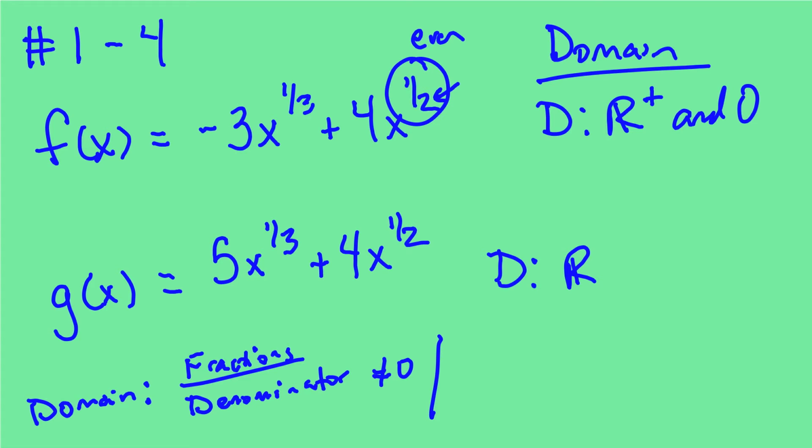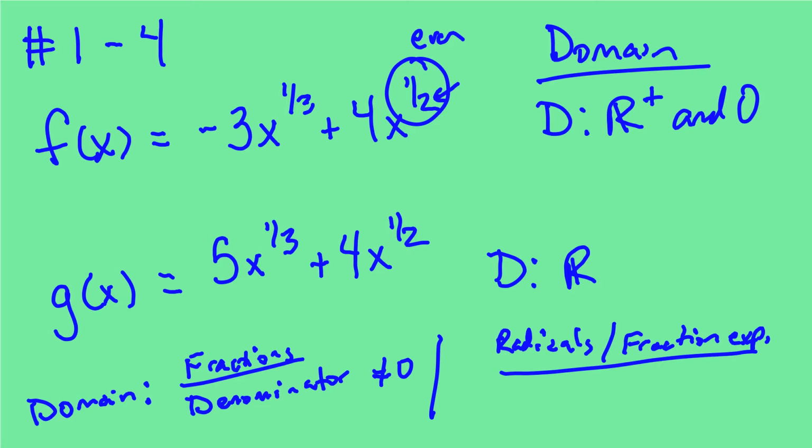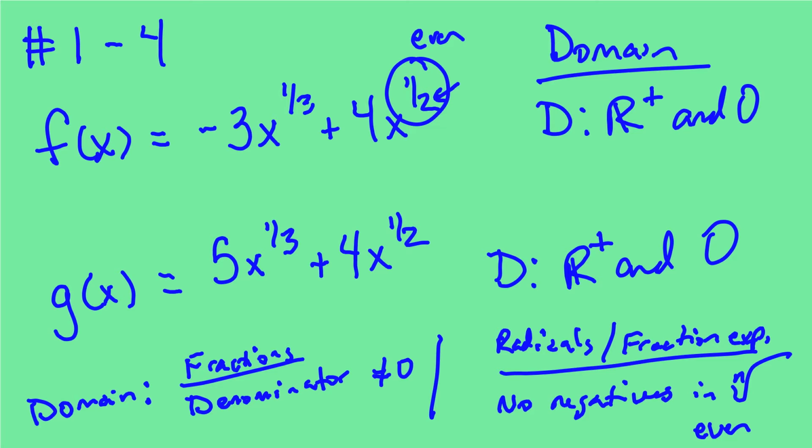Then we're going to look for radicals or fraction exponents, and remember, that means no negatives. Because that's even, and same thing for g of x, I have R plus and 0 because of this rule right here. I'll come back to that when I go over numbers 1, 2, 3, and 4.